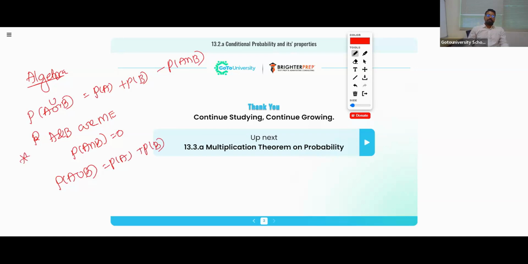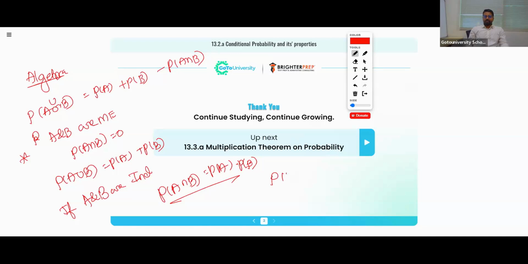Next point: if A and B are independent, then P(A intersection B) can be written as P(A) into P(B). There is a similar formula for three terms. P(A union B union C) is P(A) plus P(B) plus P(C).